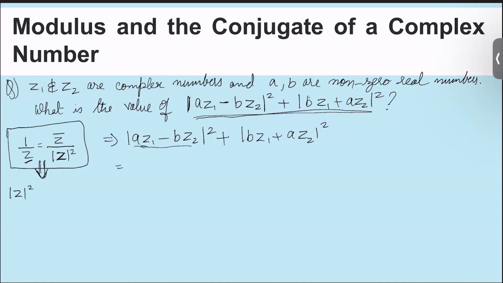You can get that the square of the modulus of z is actually z into the conjugate of z. So you can convert this into this form, and it would be easier for us to simplify it.